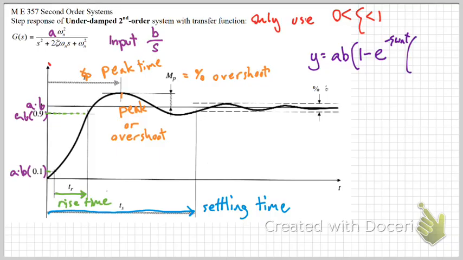But now we're going to multiply by cosine omega d t plus beta sine omega d t. So that damped natural frequency where omega d is equal to omega n times the square root of 1 minus zeta squared.